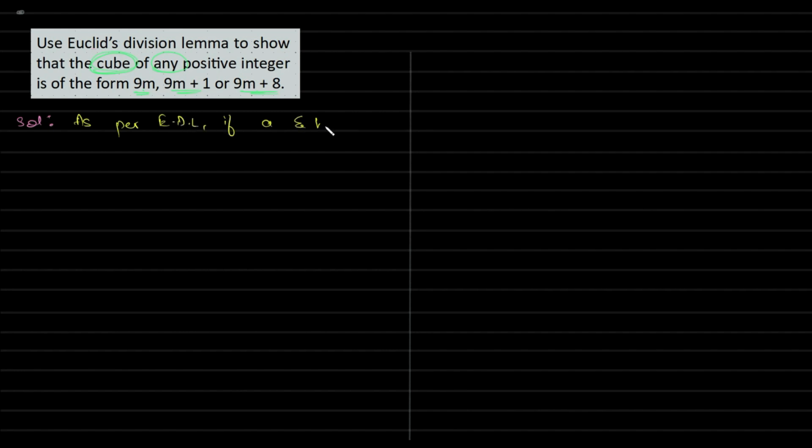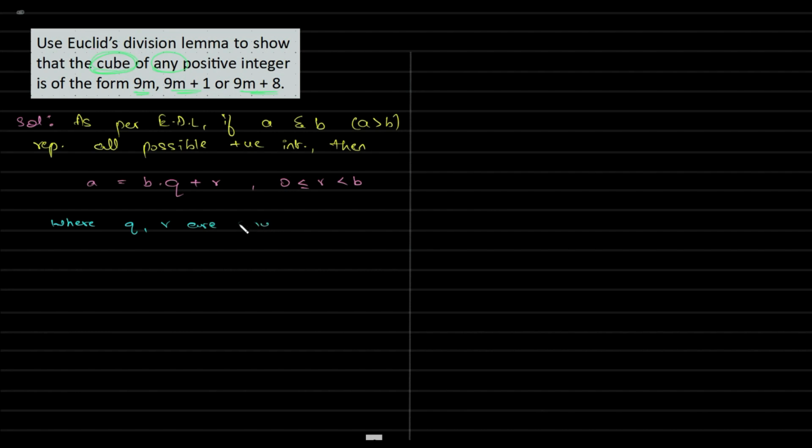If a and b, where a is greater than b, represent all possible positive integers, then I can always write a as b into q plus r, where r is between 0 and b, where q and r are unique integers.